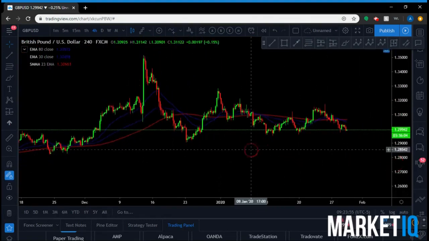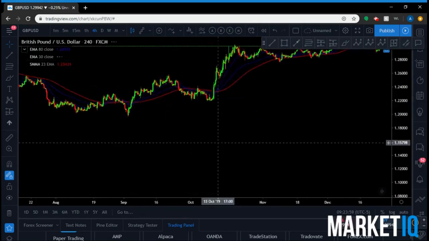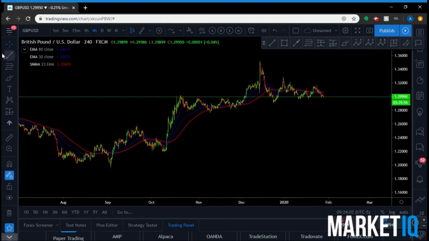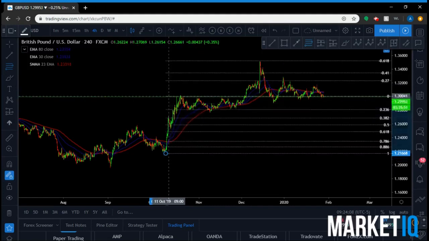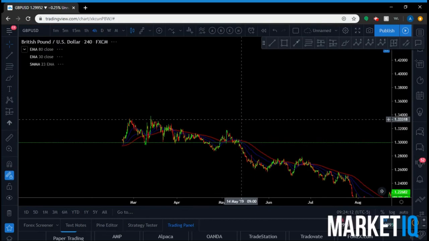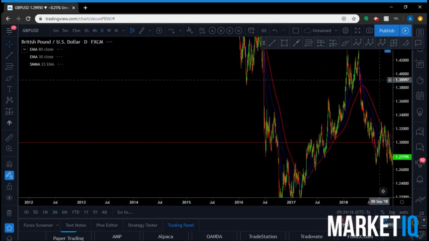And the best way to use it is to measure your corrections with it. So how we do that, let me find a great example for you guys.